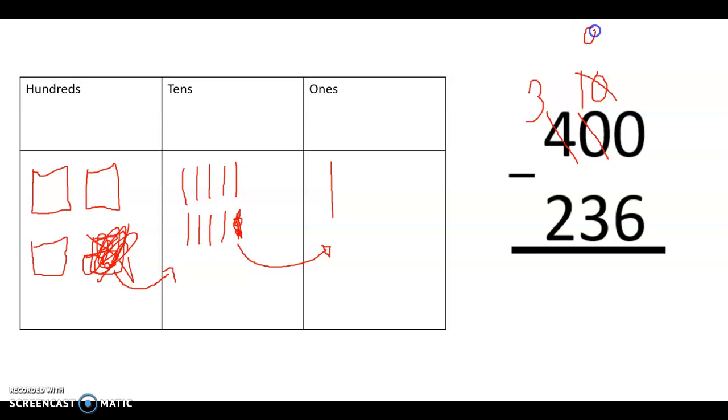So we have 9 tens left. And now I've got to, you guessed it, break this 10 up into 10 ones. Because 10 ones equals 10. So I'm going to make my 10 ones.